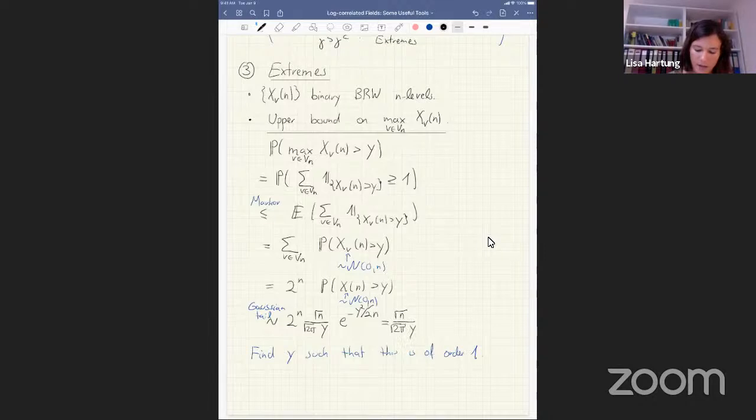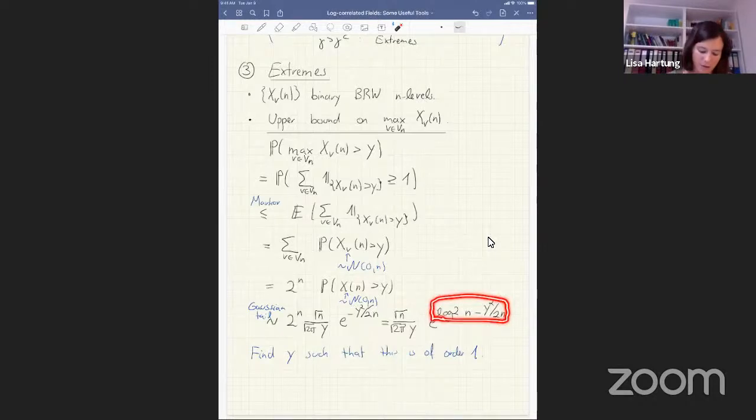Then this 2 to the n, let me write it as e to the log 2 times n, and then I have minus y squared over 2. So if I want this term divided by 2n to cancel this out, I need in first order to make this term equal to 0.